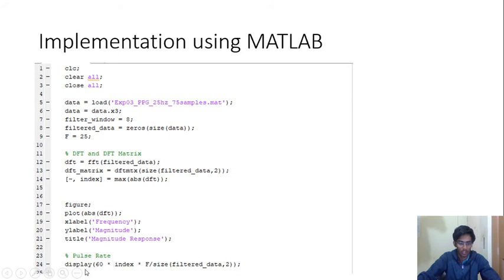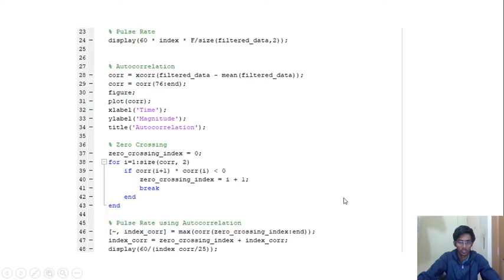And here we find the pulse rate of the PPG signal using the DFT method. Now here we are implementing the autocorrelation function. These are the basic commands that are used in MATLAB for finding autocorrelation. Here we find the zero crossing to find the pulse rate later. At the end, this is the pulse rate that we will be obtaining using autocorrelation.